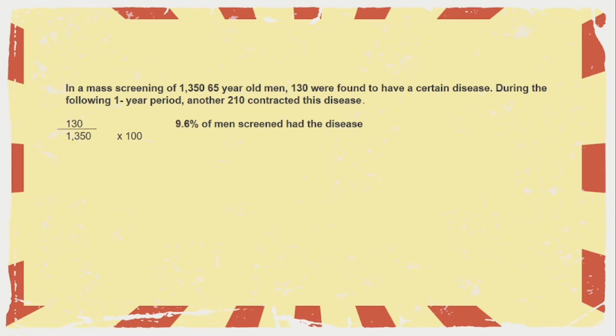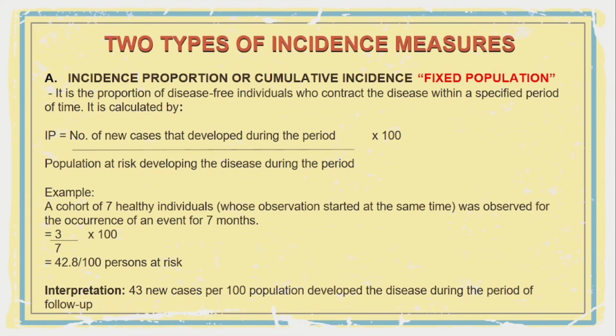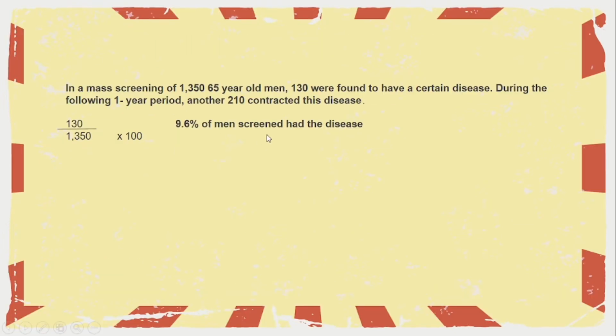Another example is in a mass screening of 1,350 65-year-old men, 130 were found to have a certain disease. During the following 1-year period, another 210 contracted this disease. So, kung i-apply lang natin yung formula natin na number of new cases developed during the period, so ano ba yon? Yung 130 or yung 210?